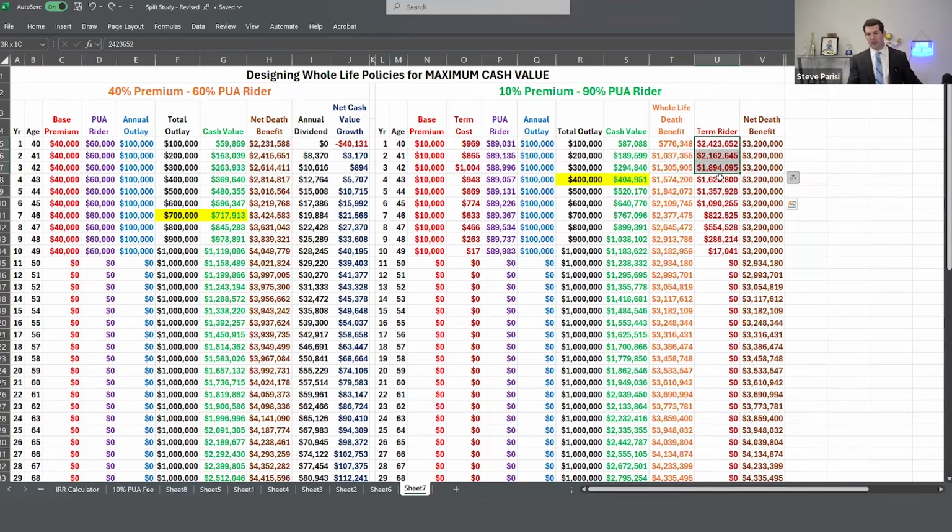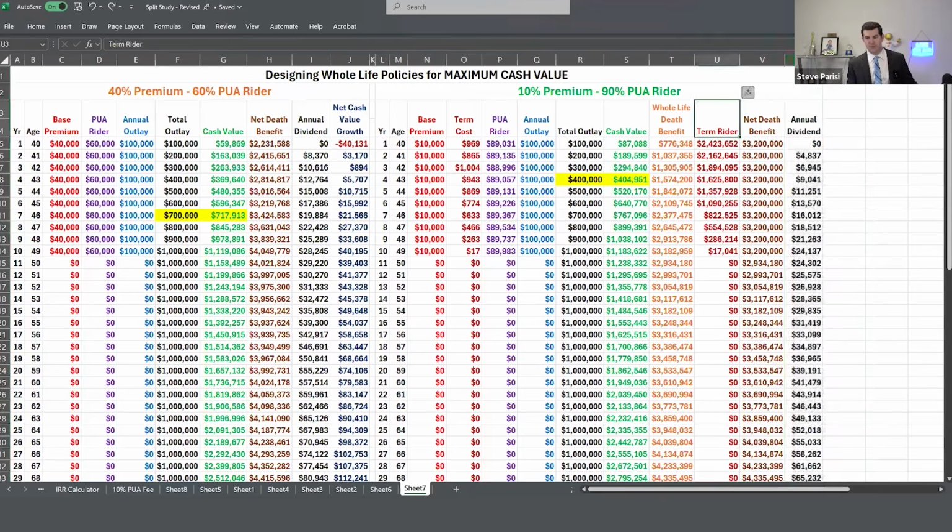And also, as that term rider decreases, I also see the term cost decrease too. The rate jumps up in year 3. That's common with Guardian products. So I usually see a slight jump there, but over the long haul, I do see it decrease. That's what I've always seen with Guardian products, both illustrations and actual policies that our clients have.